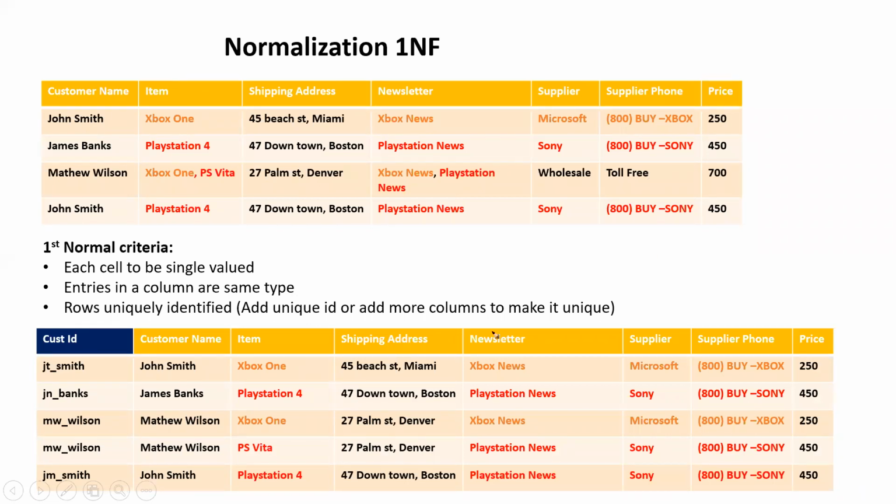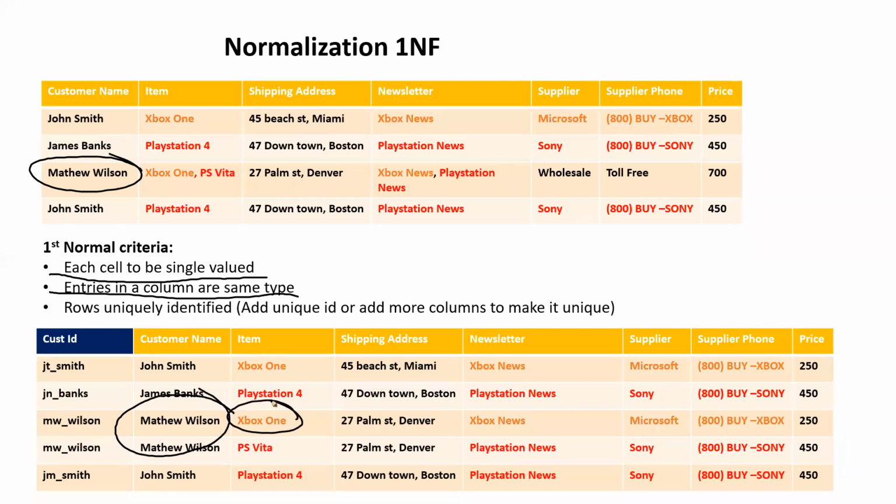First of all, each cell has a single value. The problem was with Matthew. You can see that we have two entries for Matthew. Second, entries in a column are of the same type. Now, as I broke down Matthew into two records, I have Xbox, the parent company is Microsoft, and PS Vita, the parent company is Sony.